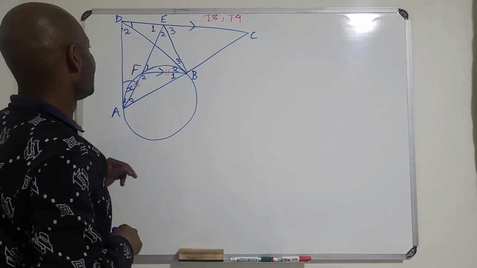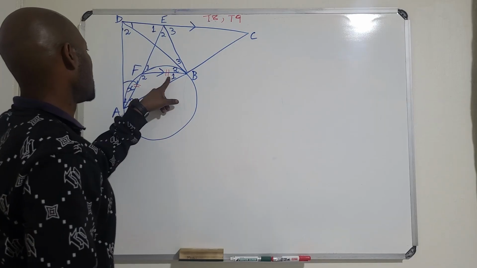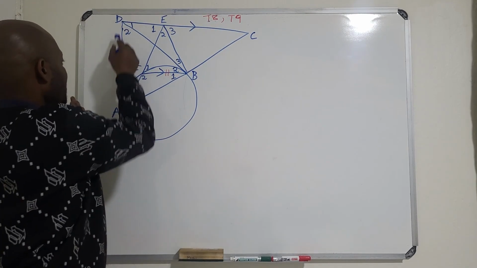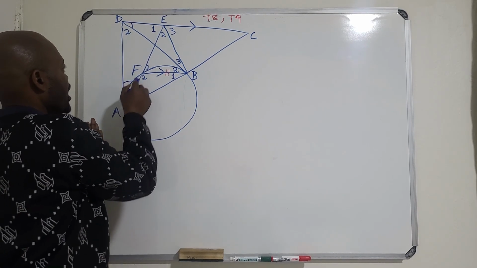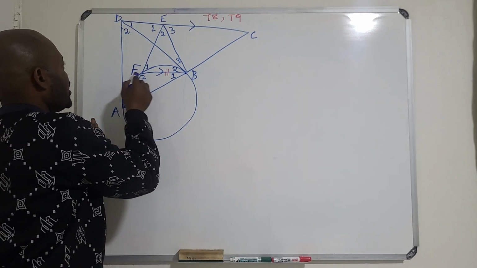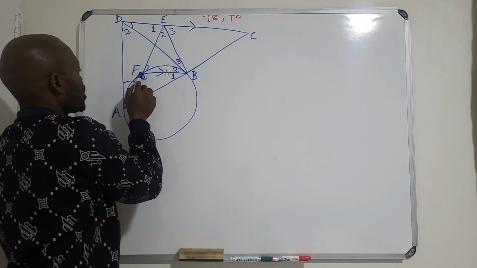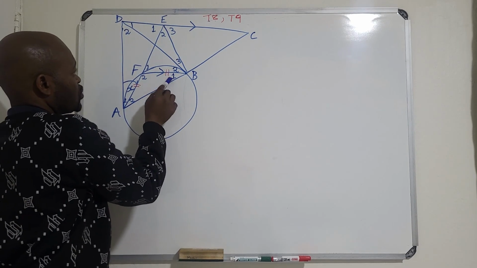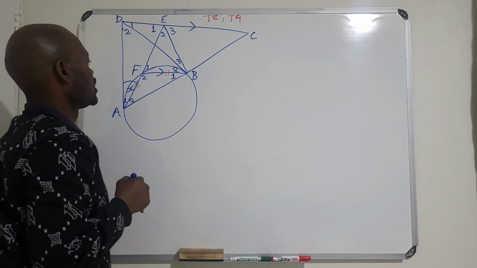Now, we can find that this angle, B1, is equal to this angle, since this tangent makes an angle with this chord here, AF. This tangent makes an angle with the chord AF. Therefore, this angle is equal to this angle, because this angle is subtended by this chord.